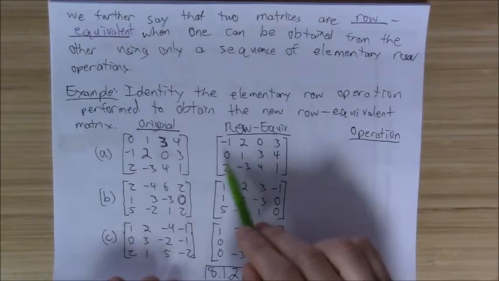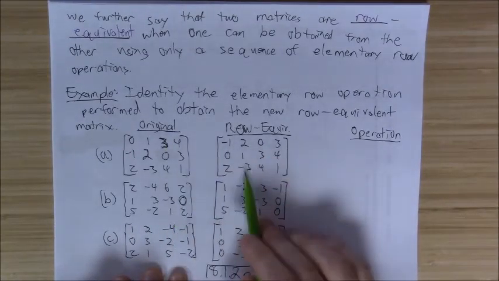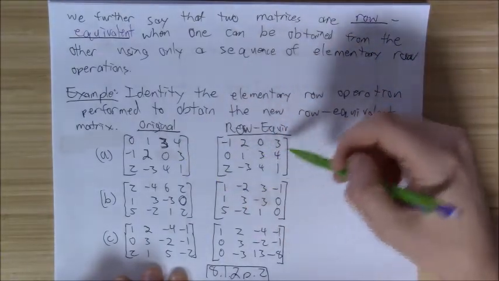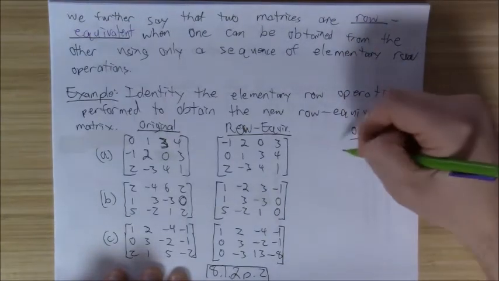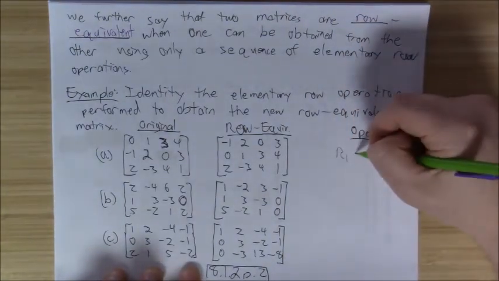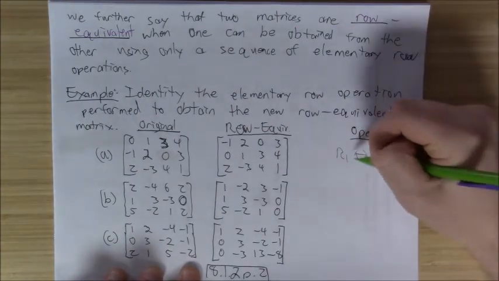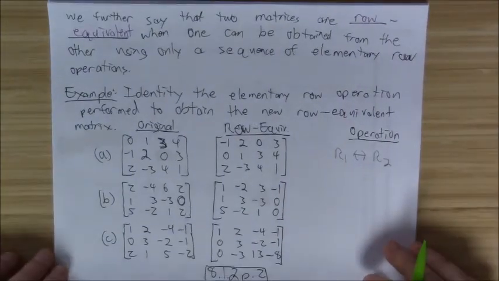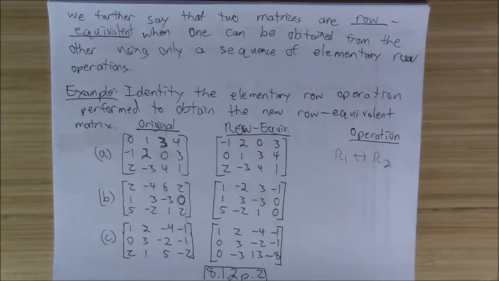In this scenario, we notice that the two matrices look the same, except these two rows got swapped. Namely, we're swapping row 1 and row 2. Okay, so that's the interchange, the first operation we were allowed to do.